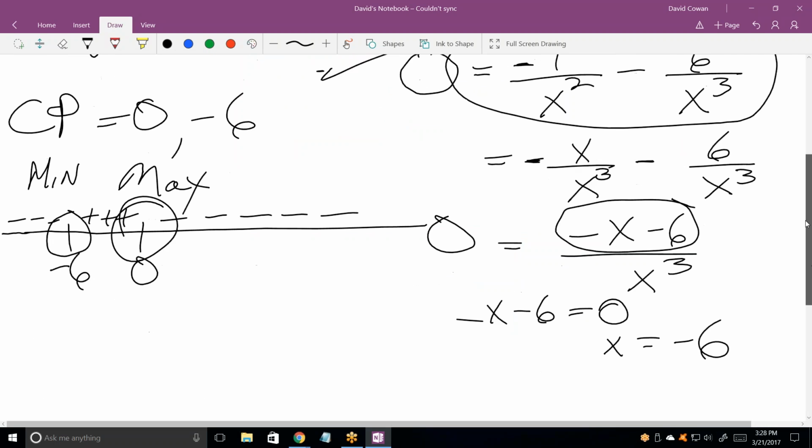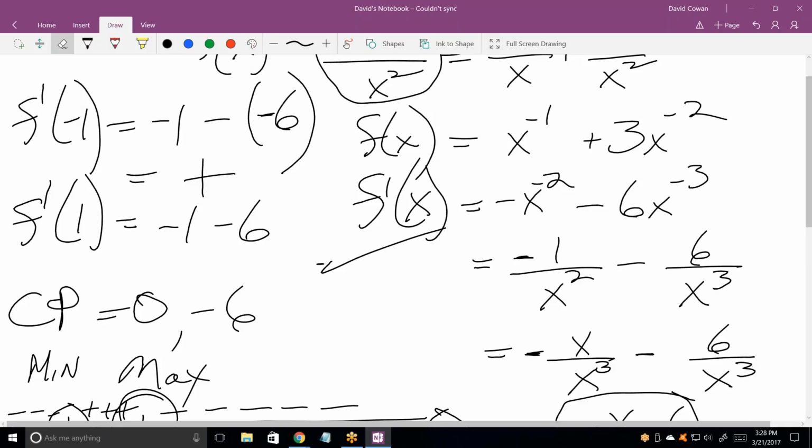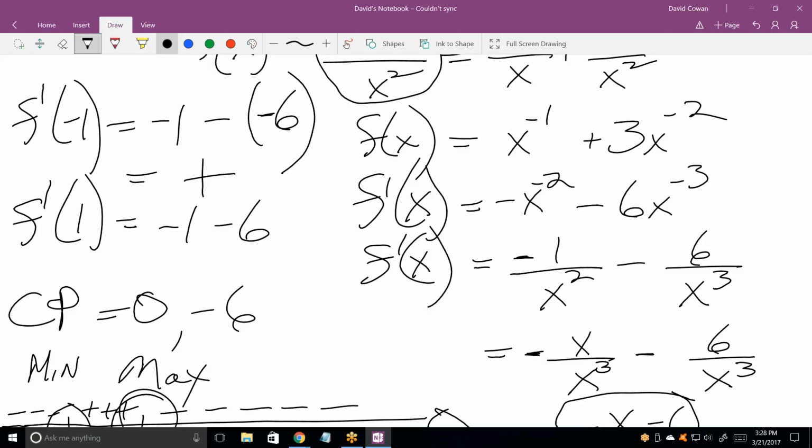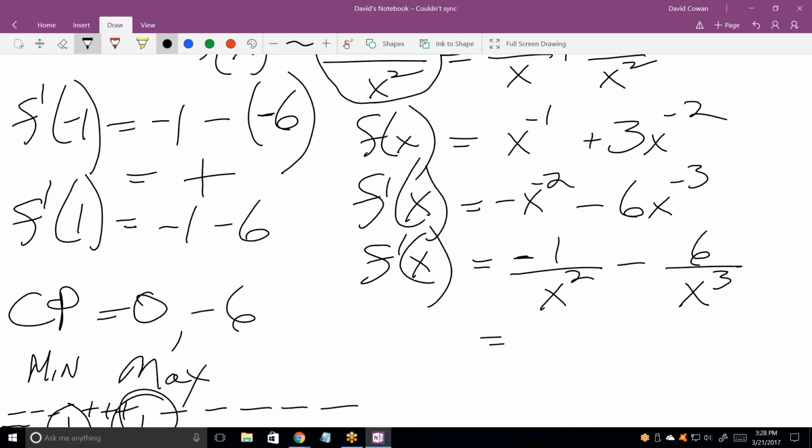Let's see what the second derivative is. This is the first derivative, f prime of x. Let's erase everything else and figure out the second. In other words, perhaps the second derivative can resolve this problem that we have. Well, let's see.